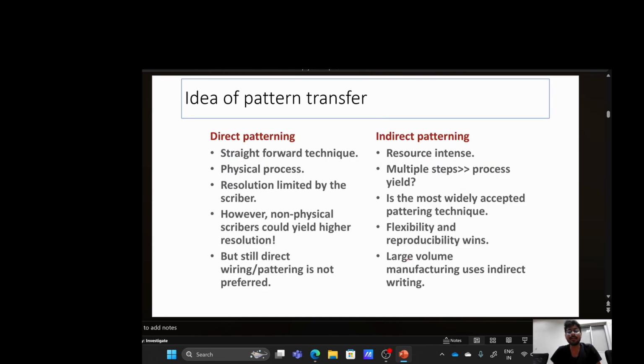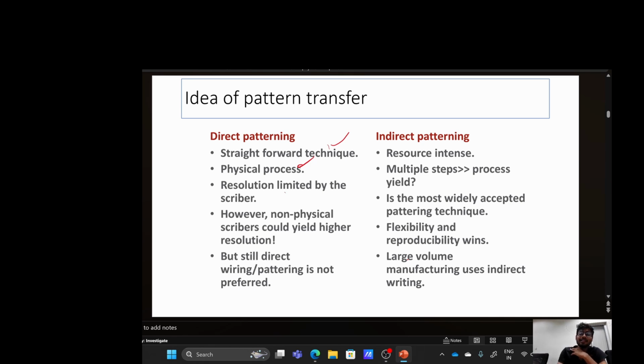And direct writing is straightforward, just scribing on the top. This is a physical process where you just need a scriber, or for nano patterning you just need to go through the AFM tip. That tip size should be small enough so that you can transfer the pattern in the nanoscale regime.